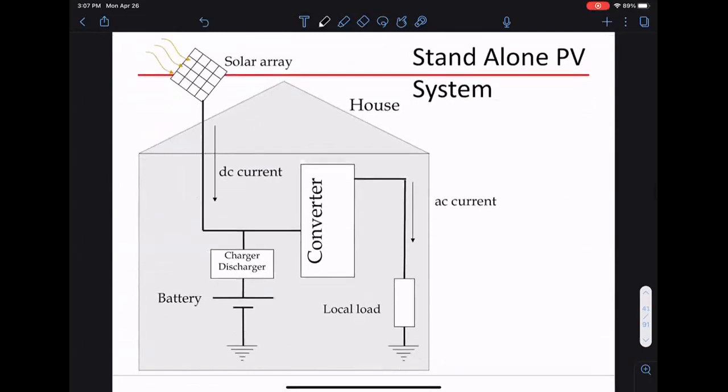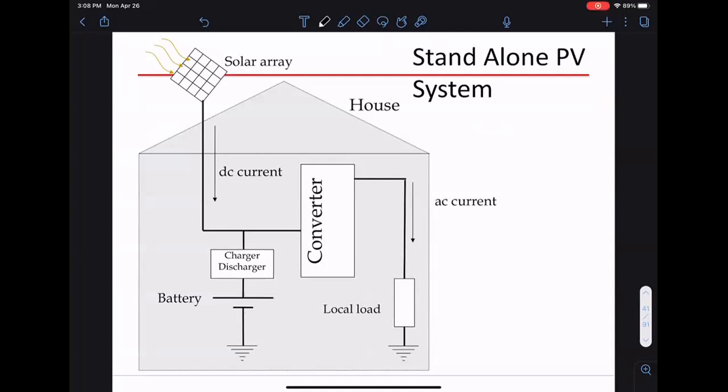So if you put solar in your home, and again, since solar can only generate DC current, when you put a solar array in your home, you always need a converter that goes from DC to AC. Most loads in your home still require AC current. Even if you have a computer that at the end of the day runs on DC, the way it's constructed, it still needs AC current as the input.